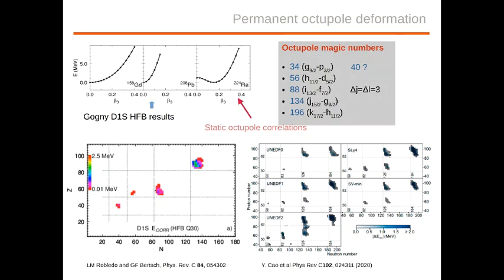This is around the barium region, and here are some other isotopes, right? So the number of nuclei where static octupole deformation is observed in the mean field calculations is rather limited, right?